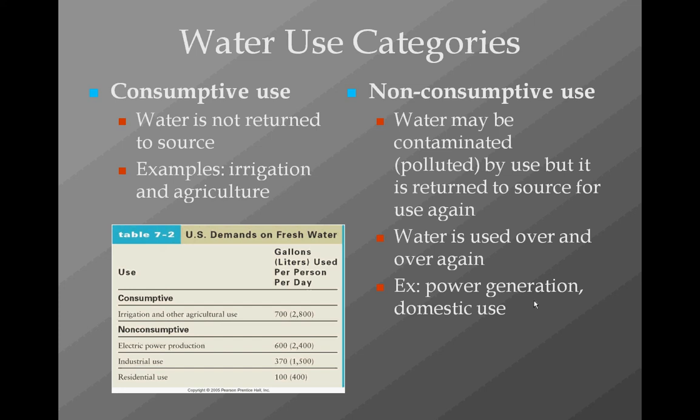It's being used over and over again. That's a non-consumptive use. One thing that you do have to keep in mind, though, is even a non-consumptive use could devalue the water supply because the water could be contaminated or polluted during its use. But if it's put back where it came from, it's considered a non-consumptive use.